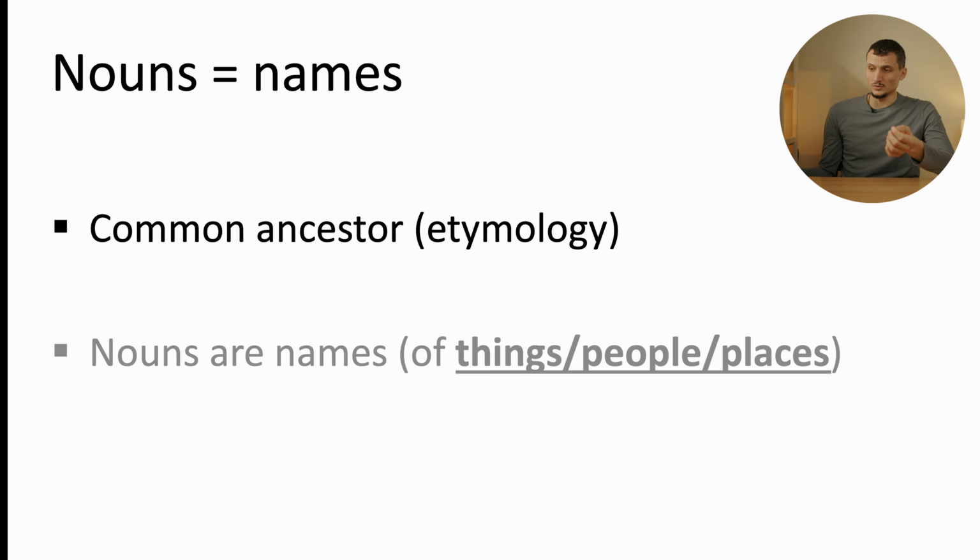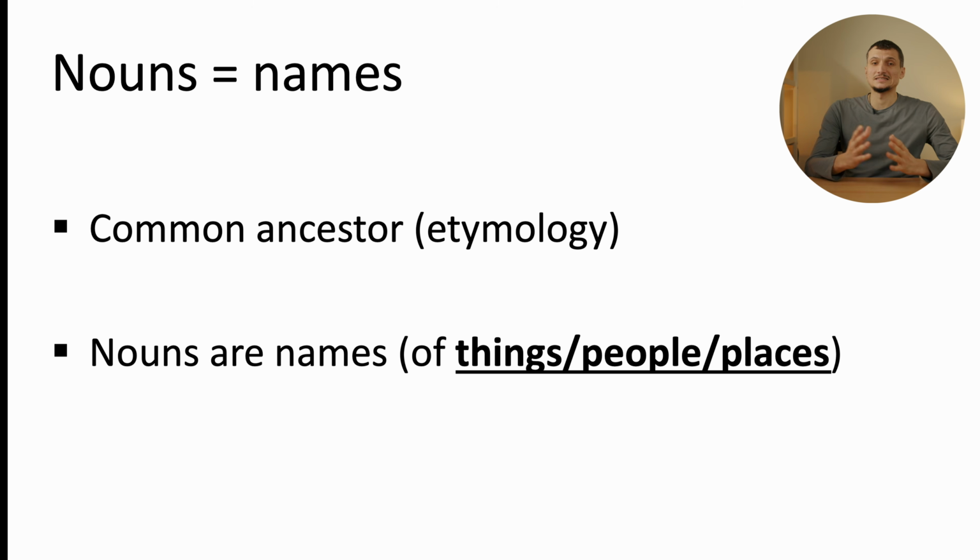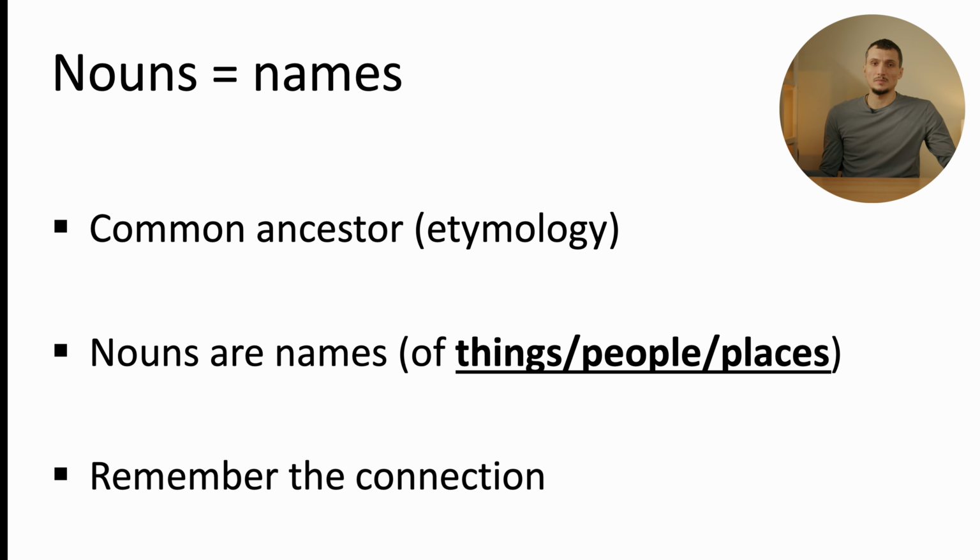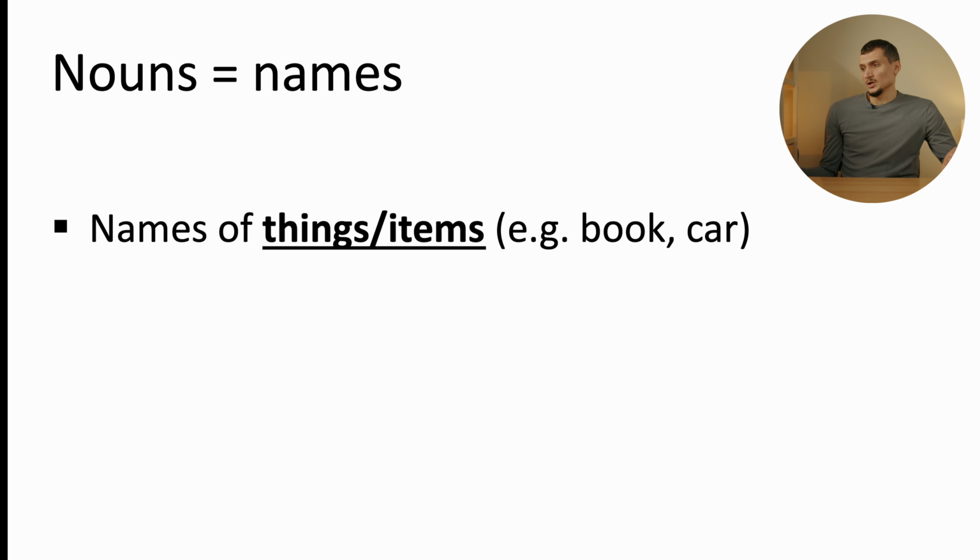So it's really useful to think of nouns as names. Names of what? Well, again, names of things, people, places, and so on. This connection might not seem important right now, but it'll prove very handy in the future.